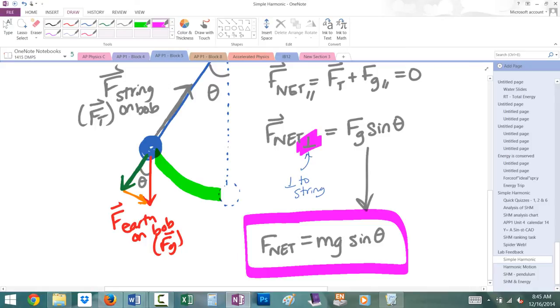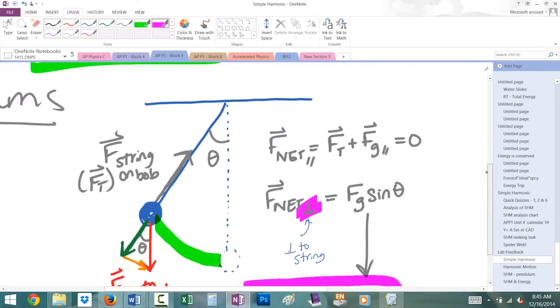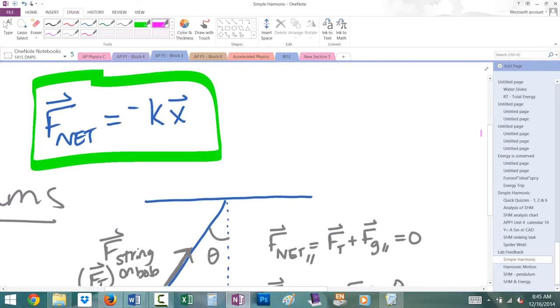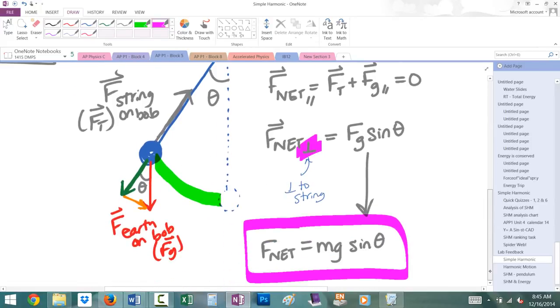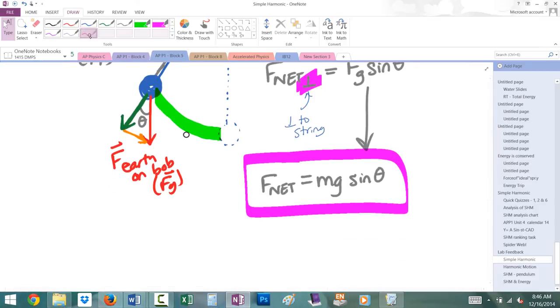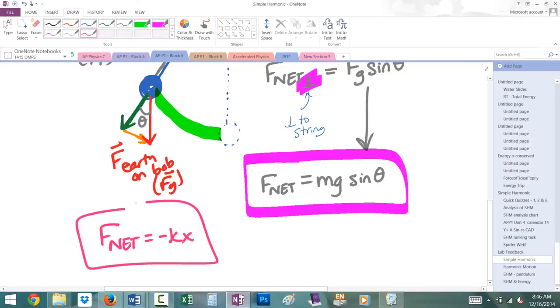We decided if something exhibits simple harmonic motion, then it needs to look like this. So now my question is, does this look like F net equals negative kx? Do these look the same?